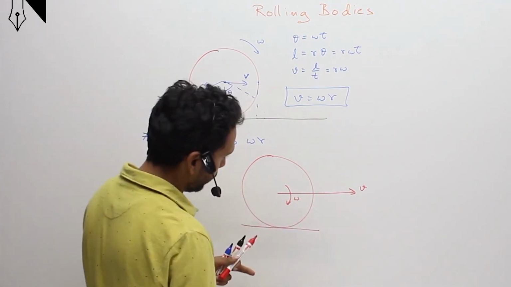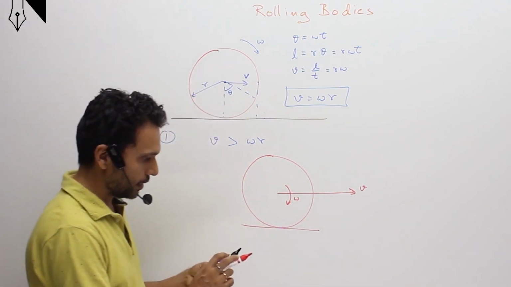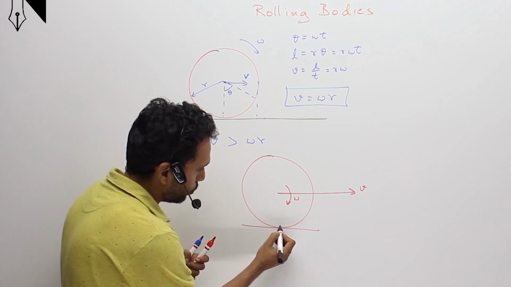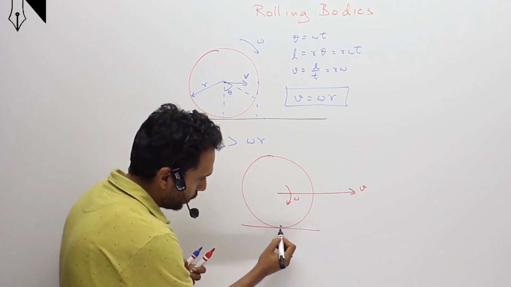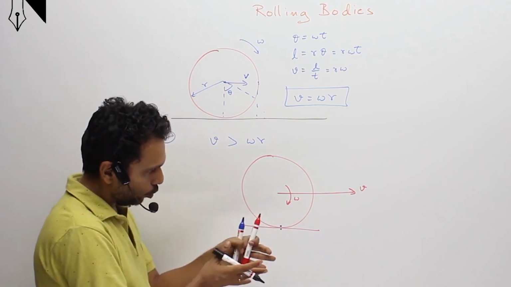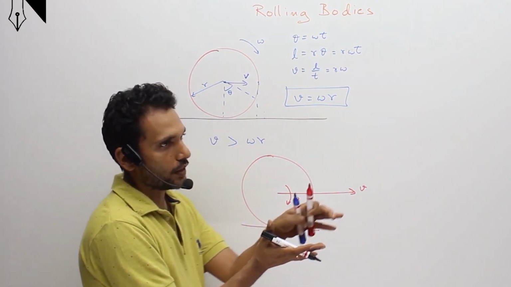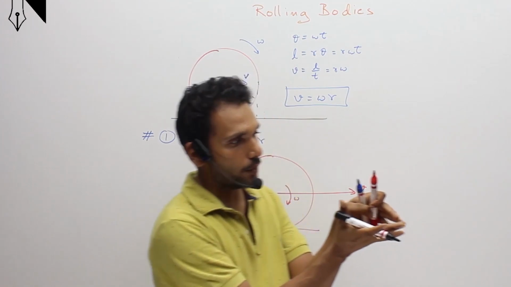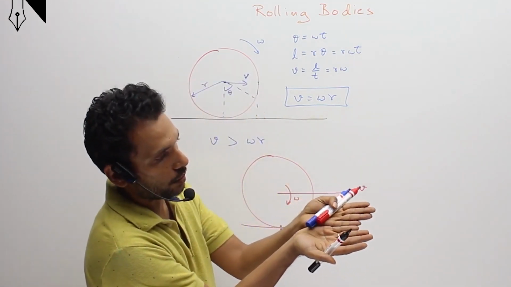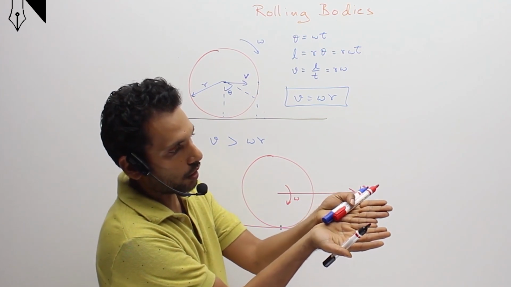What is the direction of friction? Either you can start imagining what is happening to this point which is trying to rub with this point. How they are trying to rub, and the friction will always try to oppose the rubbing. The friction always tries to bring the two surfaces which are rubbing to a state of not rubbing.